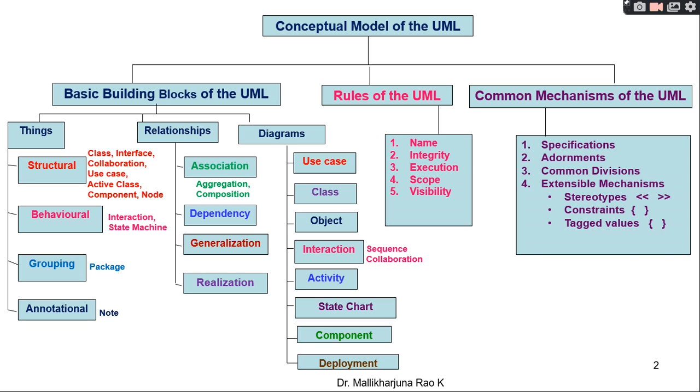What is software? A collection of programs. How many programs? N programs, executed collectively. Program 1 is developed by one engineer, program 2 by another engineer, program 3 by another engineer, and so on.